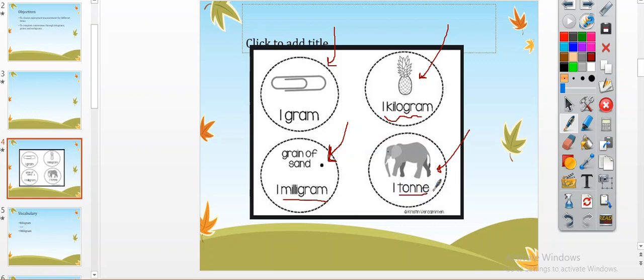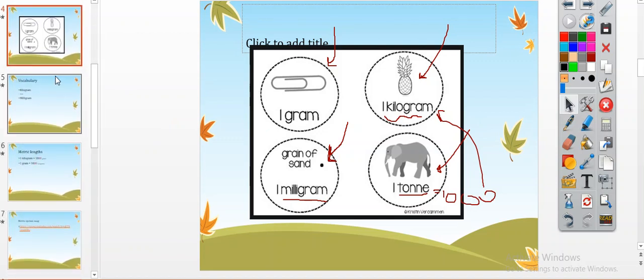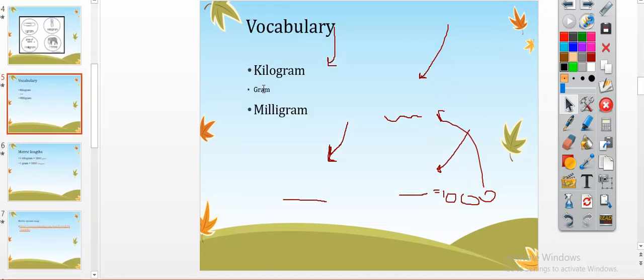A ton is 1,000. What 1,000? Well, it is 1,000 kilograms. Let's learn more about them. So the vocabulary that we will learn: kilogram, gram, and milligram.